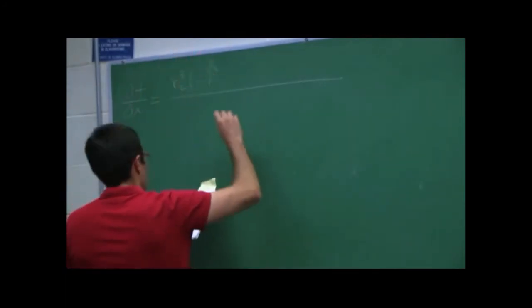Okay? Then what? What does that multiply? That's the denominator as it is times the derivative of the numerator with respect to x. So that stays as it is.